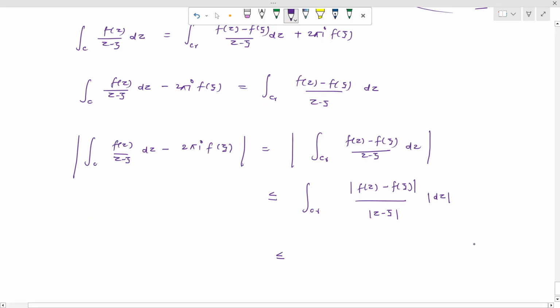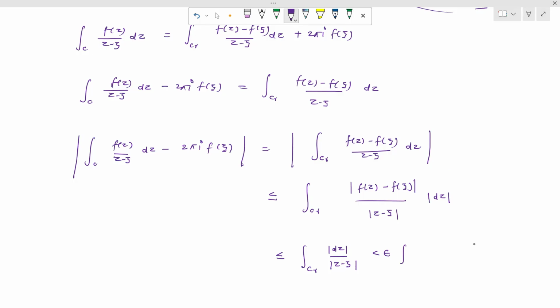So now this is less than or equal to the integral over C_R of modulus of dz upon modulus of z minus zeta, times the modulus of f(z) minus f(zeta). By using the definition of a continuous function, modulus of f(z) minus f(zeta) is less than epsilon. So this value will be less than epsilon.